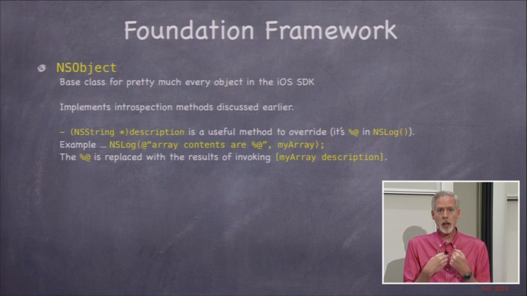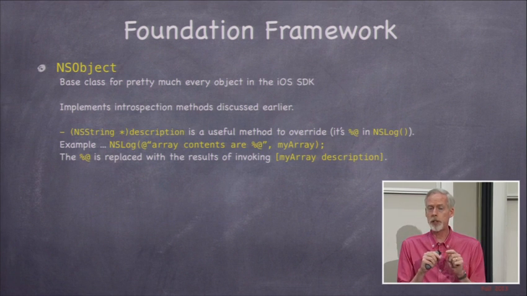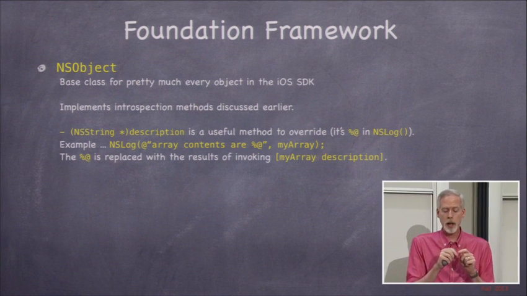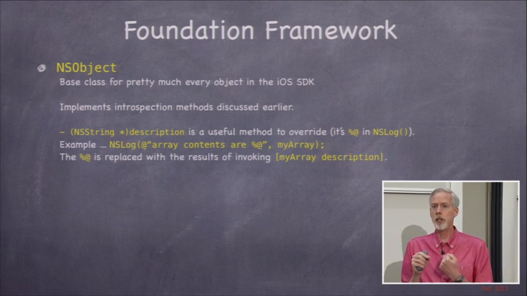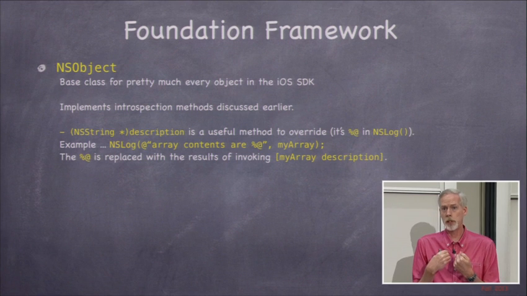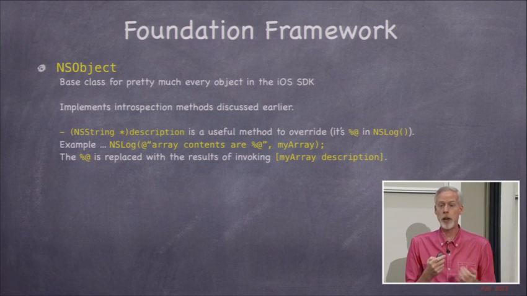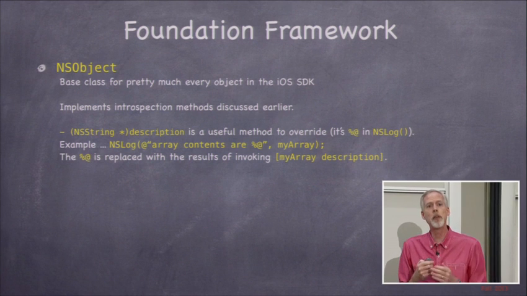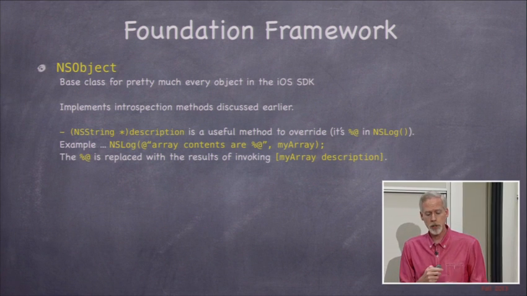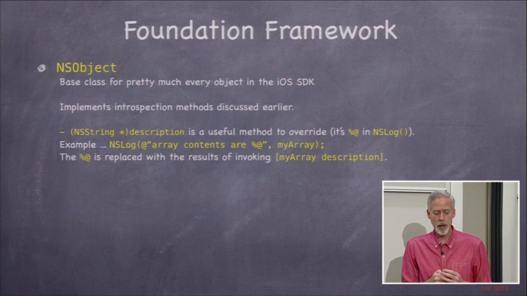And then in the debugger, there's a way, which you'll see in this Friday's section, to print an object in the debugger. It will call description for you and return it. So for a card, you'd see the contents, which is really cool. And a string shows you the string. Arrays and dictionaries implement description to print out their contents. So description is a really cool little function to know about in NSObject.